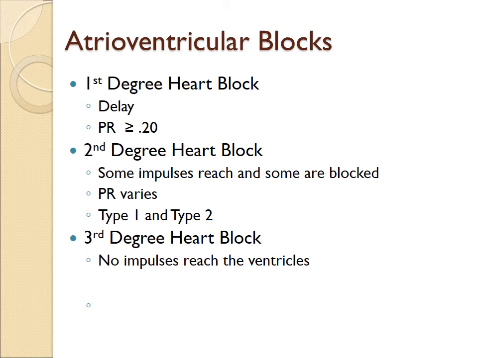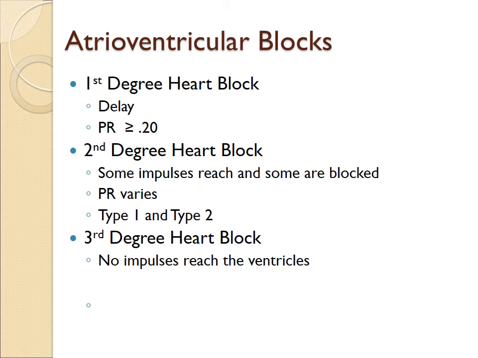There is a type 1 and a type 2, and they look different and demonstrate themselves differently. Third degree, on the other hand, is where none of the impulses reach the ventricles, and this is a very serious problem.